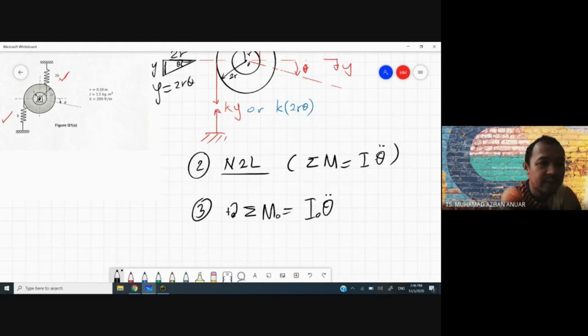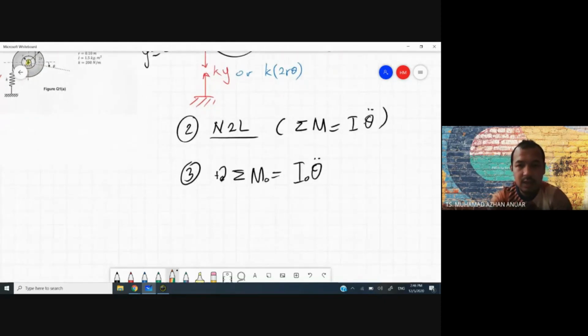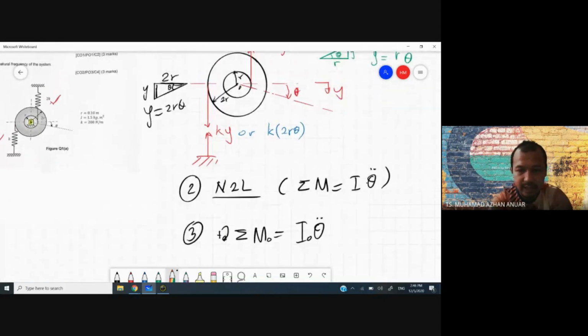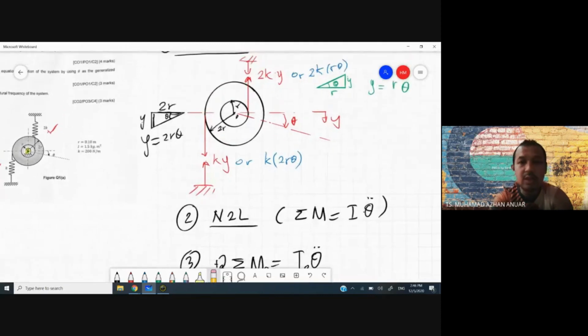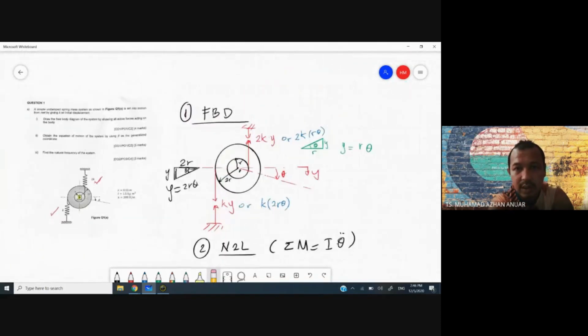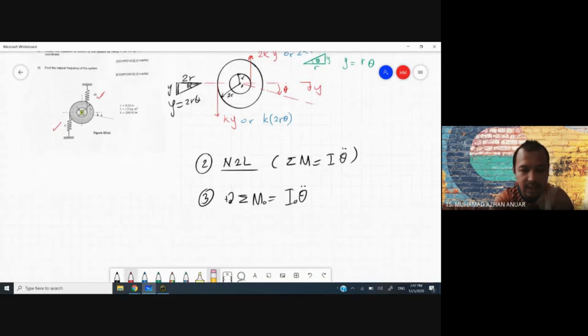All right, so let's apply the forces. Just not to confuse you all, let's delete this part because it is not important in our analysis. Okay, so that is the FBD.